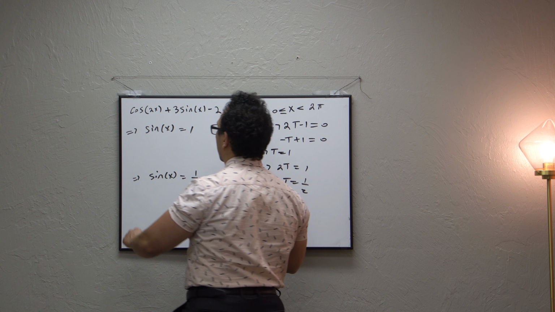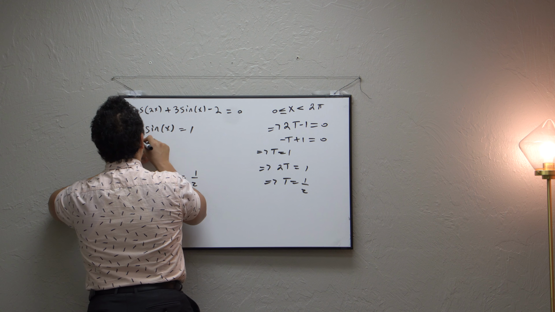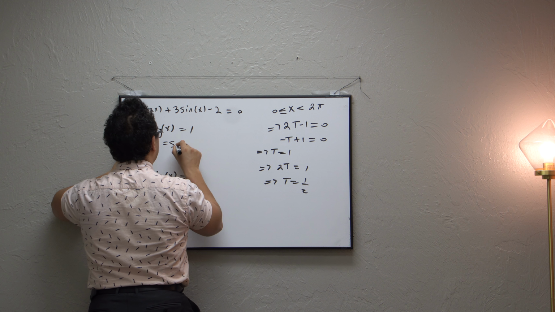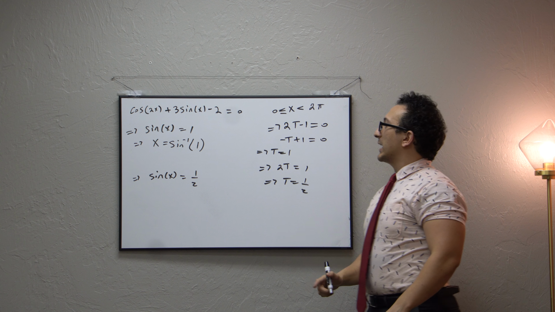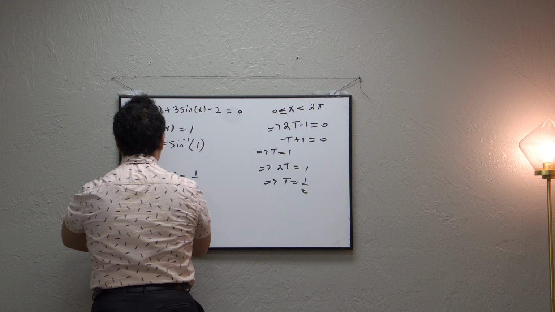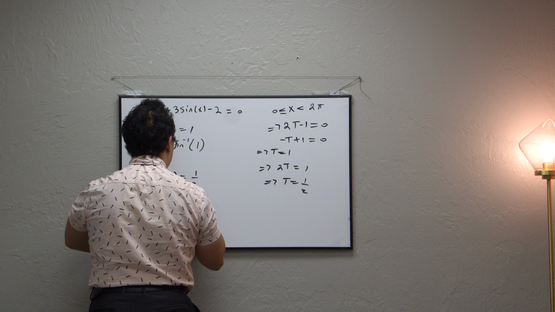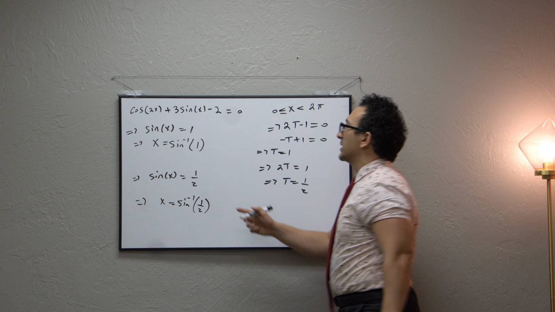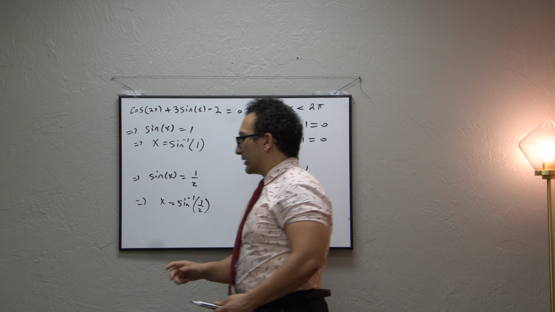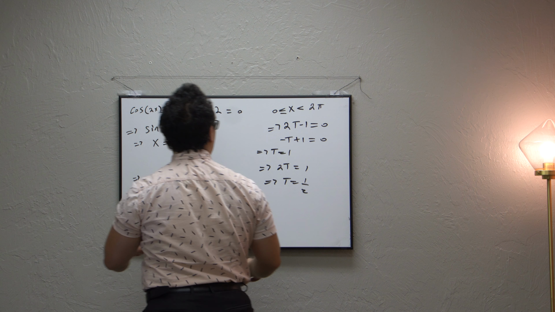So over here, taking the sine inverse of both sides of the top equation, I get x is equal to the sine inverse of 1. And over here, taking the sine inverse of both sides, I get x is equal to the sine inverse of 1/2. Now, we must determine what is the sine inverse of 1 and what is the sine inverse of 1/2.